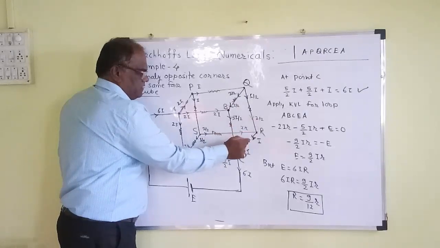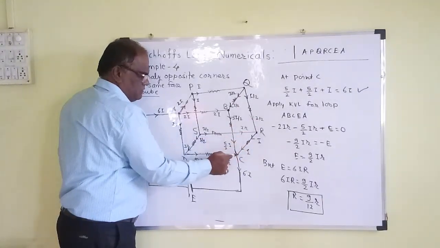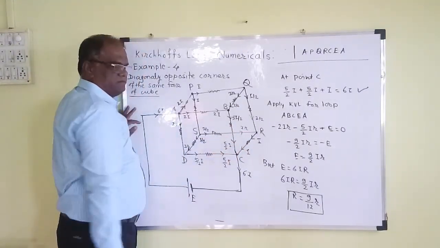I by 2 plus I by 2, that is I. I is the current reaching the point C.